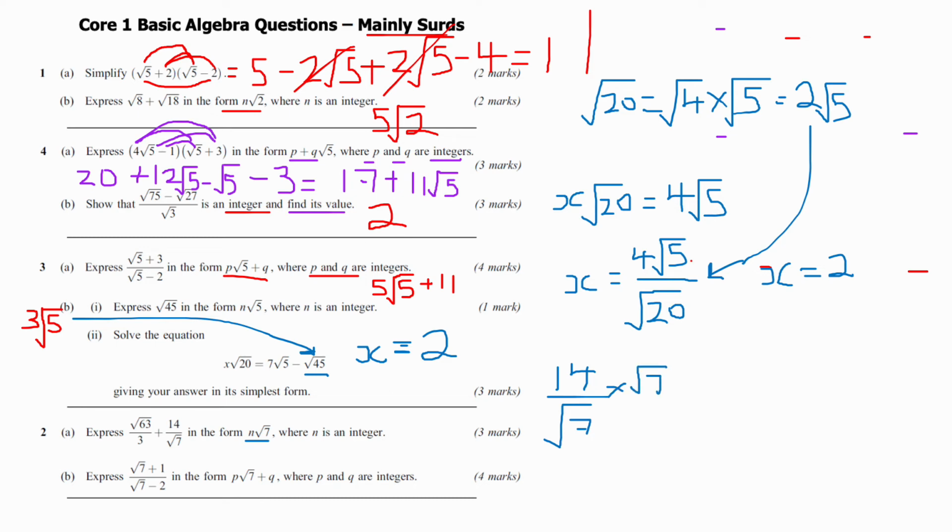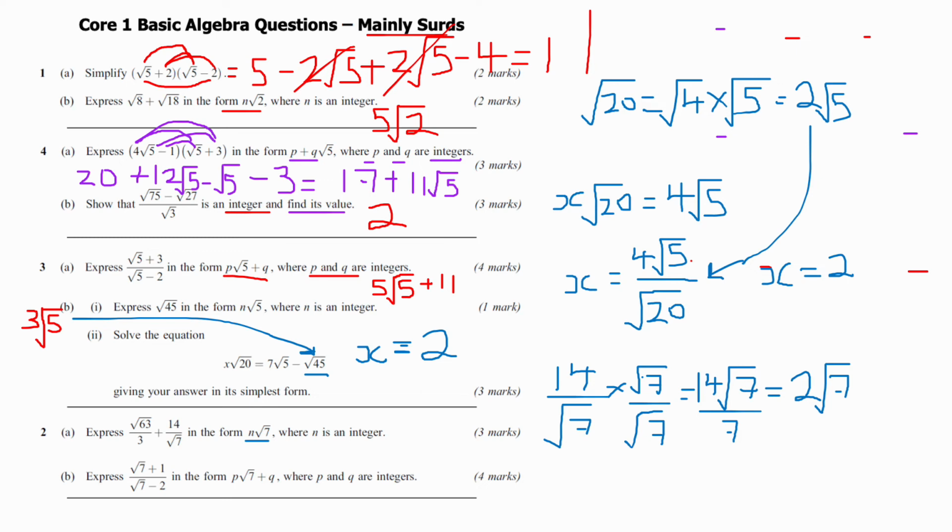So 14 times root 7 is written as 14 root 7. And then root 7 times root 7 is root 49, which simplifies to just 7. 14 divided by 7 is just 2, guys. So I'm going to have 2 root 7 for that part.